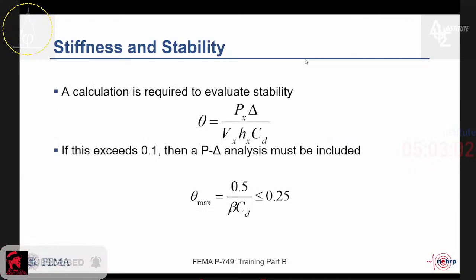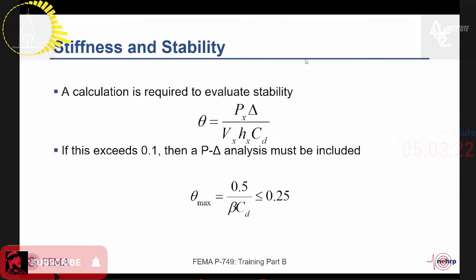We compute whether or not a structure is going to remain stable by computing the theta coefficient, shown here as the weight of the structure above each level, times the displacement of that level, divided by the seismic shear force in that level, the height of the level, and the C sub D coefficient.